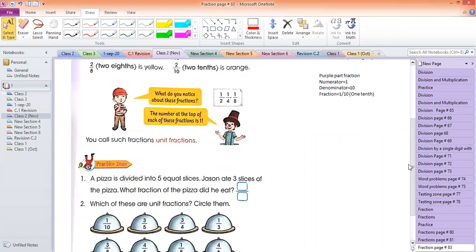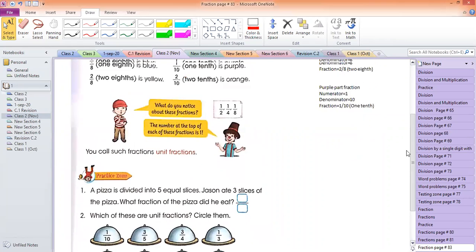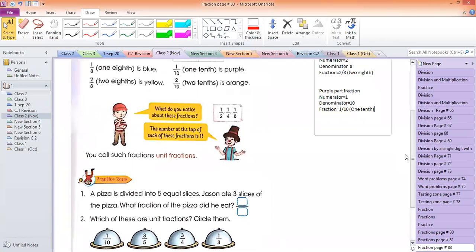Now we are going to study about the unit fraction and non-unit fraction. Okay. I will tell you guys what is a unit fraction and what is a non-unit fraction. Guys, these are the different fractions.